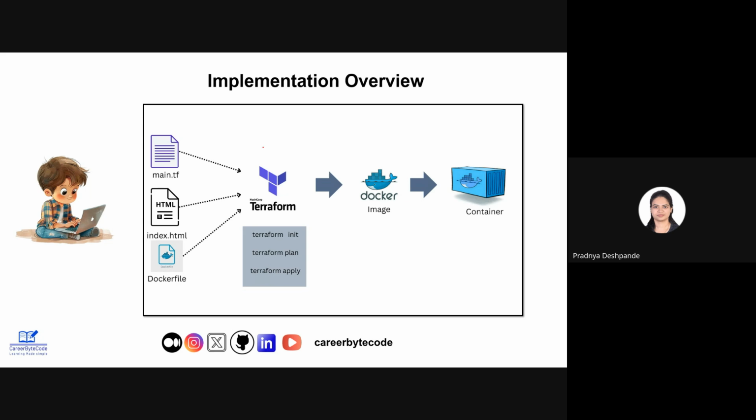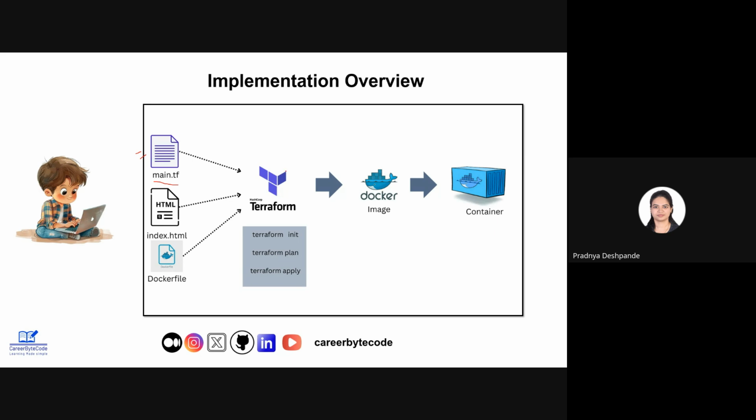So let's move on to the implementation overview, which we will see in a few minutes, and how we can deploy it. As part of the Terraform configuration files, we have this main.tf file, where all our Terraform related code is written: which provider we are going to use, along with what resources are needed. It is the Terraform configuration file.